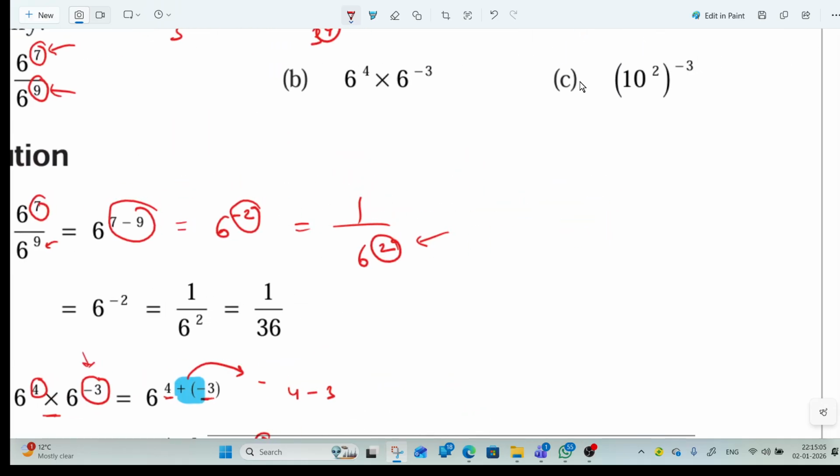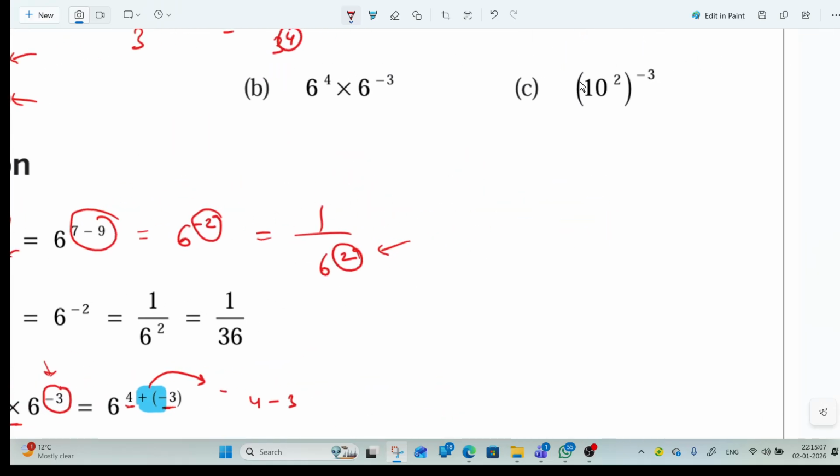The third one again, when you have two powers like this, you multiply them, but don't ignore this negative sign. So positive 2 times negative 3, you get negative 6, right? So the answer is going to be 10 to the power negative 6. If you want to convert this negative power into positive, this will become 1 over 10 to the power positive 6, right?